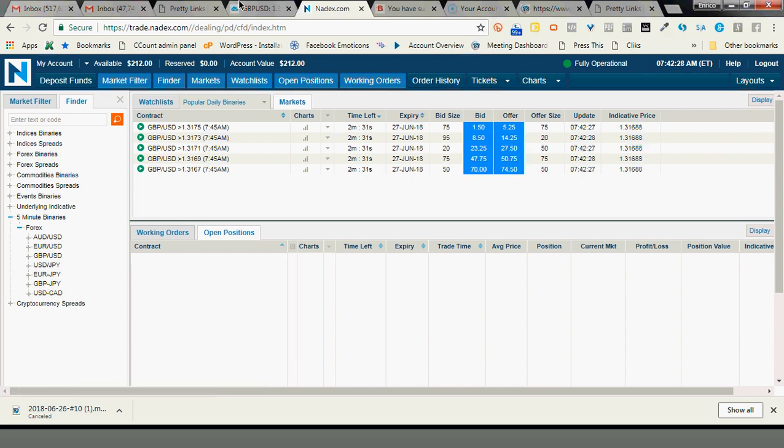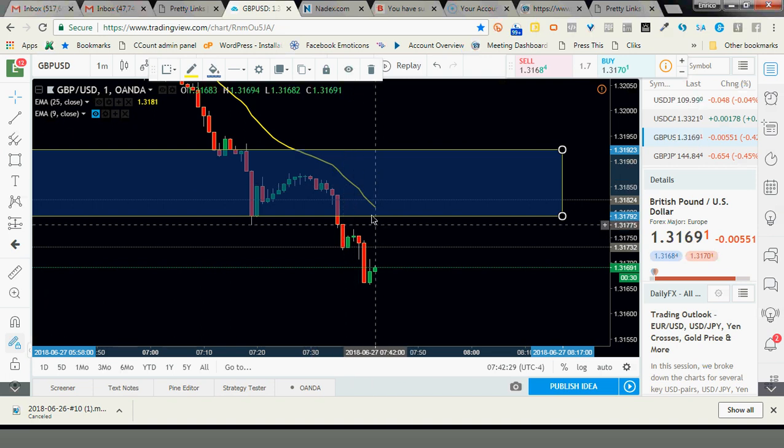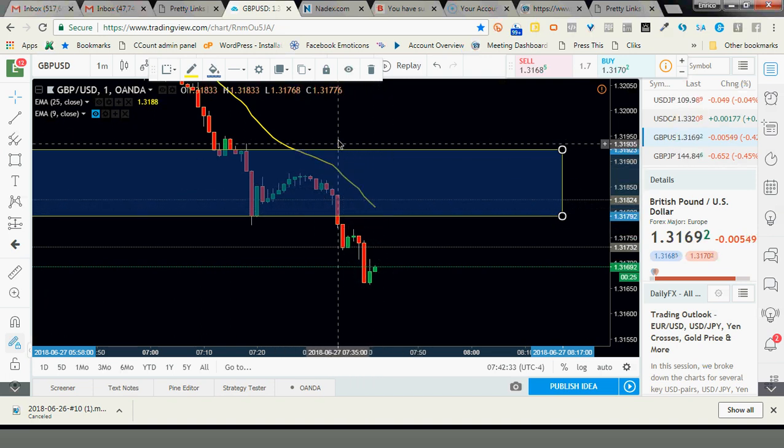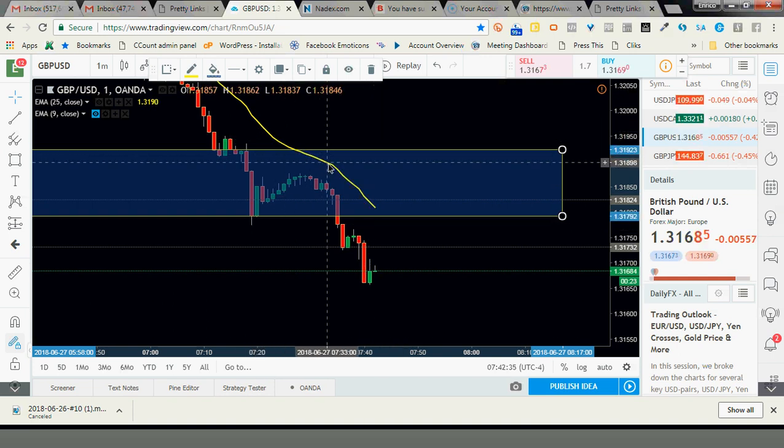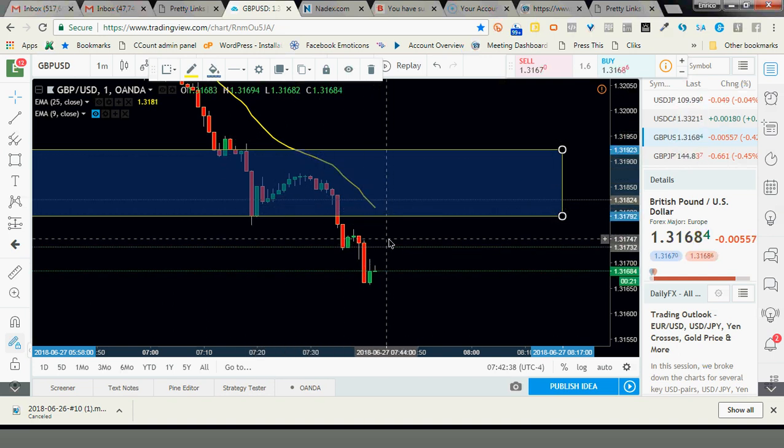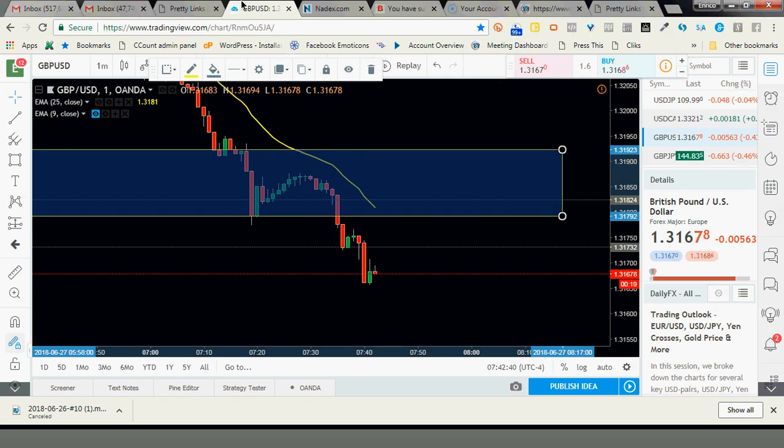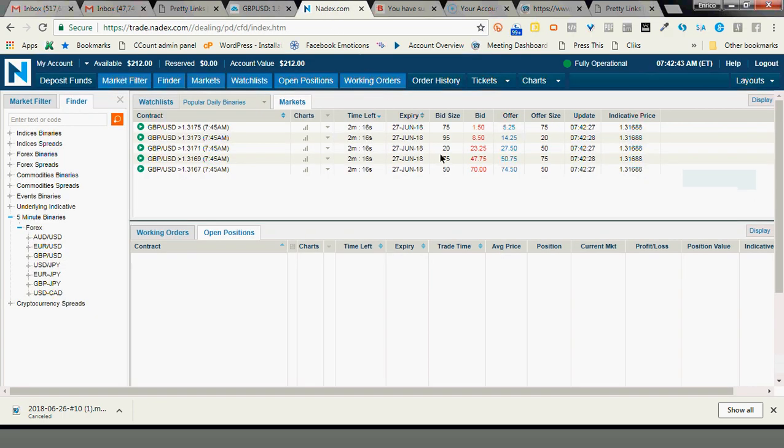We usually, for the novice, you should always just go with what the trend is doing. This trend is going down, so we want to usually look for a strong bear.